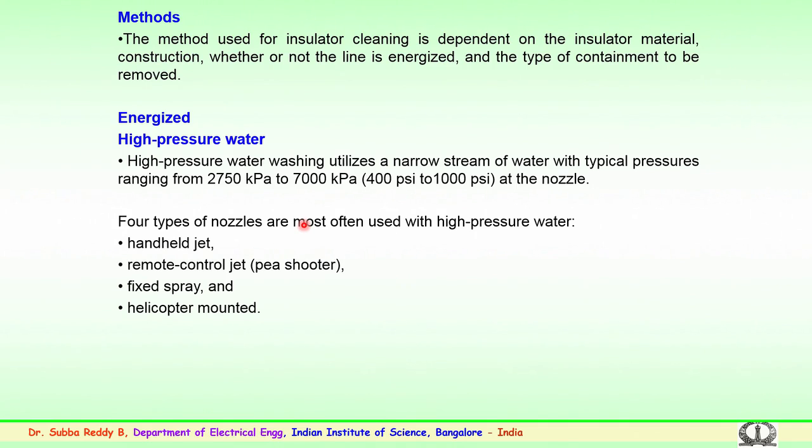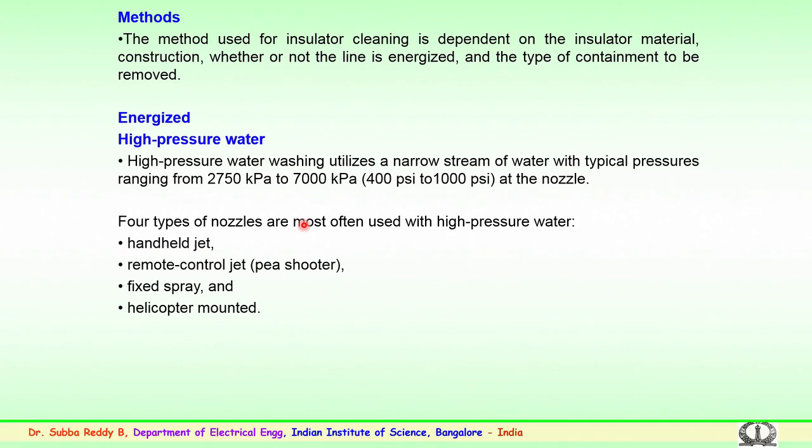Under energized conditions, high pressure water jets are generally employed for washing. This utilizes a narrow stream of water with typical pressures ranging from 2750 kilopascals to 7000 kilopascals, that is 400 psi to 1000 psi at the nozzle.